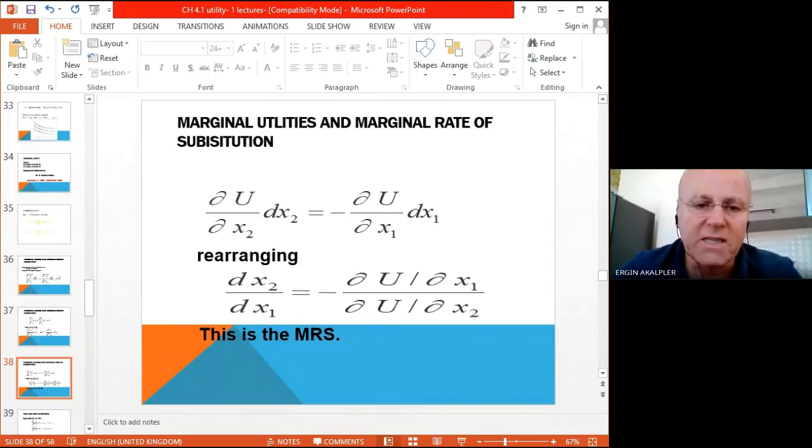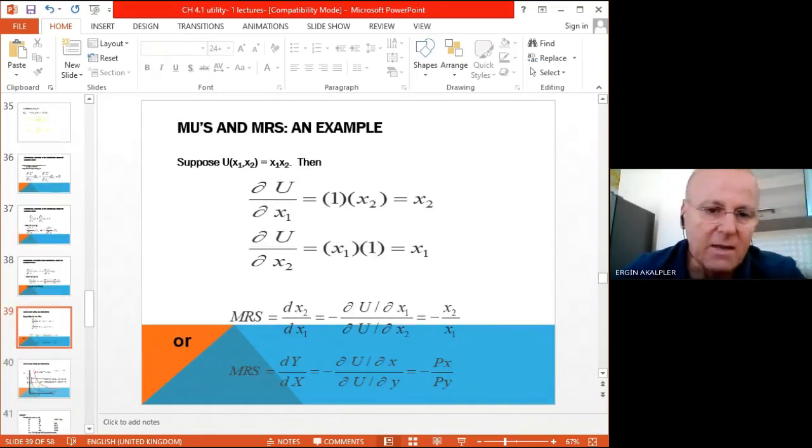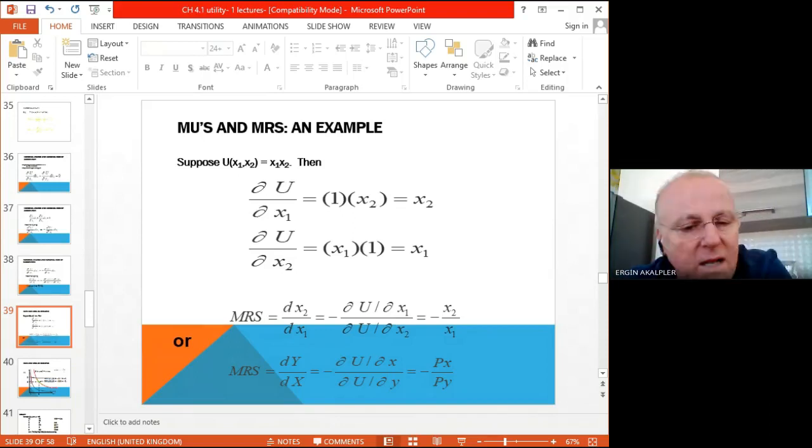Then we have as a result delta u over delta x1 equal to x2, and delta u over delta x2 equal to x1. The marginal rate of substitution for this given scenario will be delta x2 over delta x1, as in the former example that we have done.